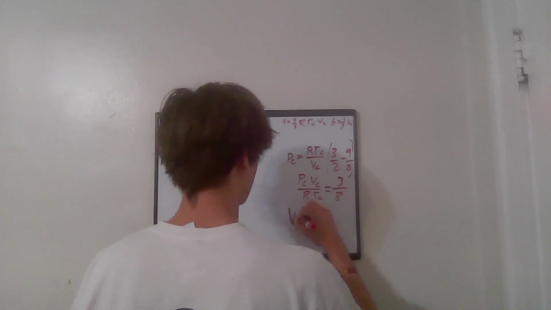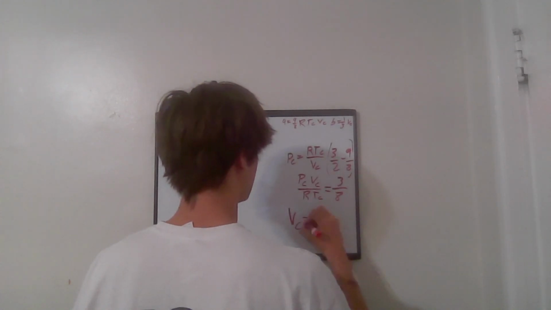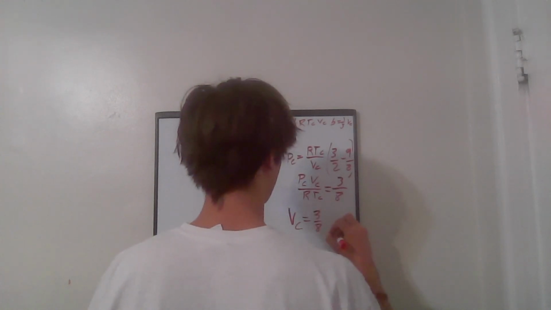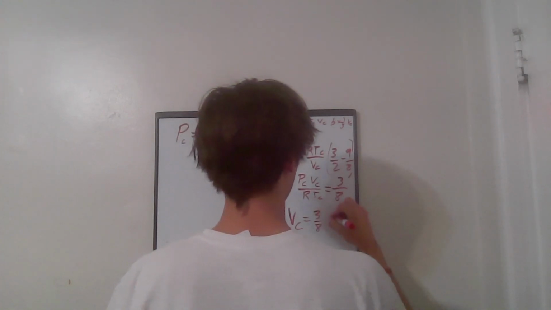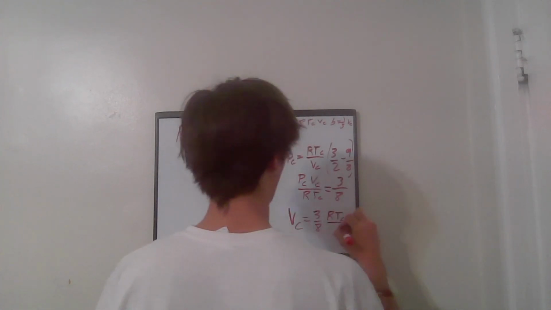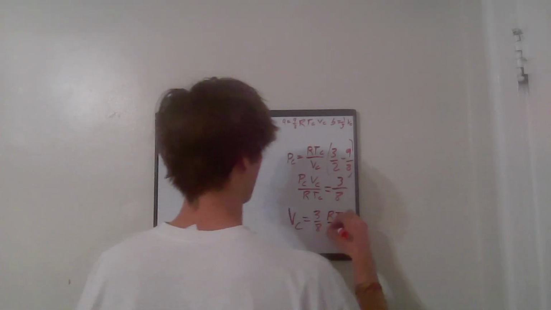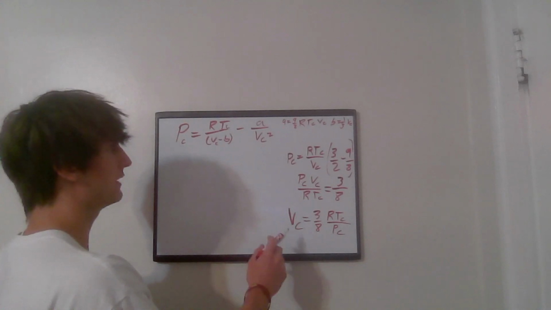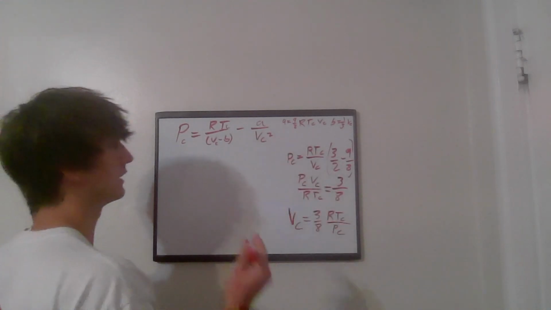So the critical volume is equal to 3/8 times RT over critical pressure. So we can replace this into A and B.